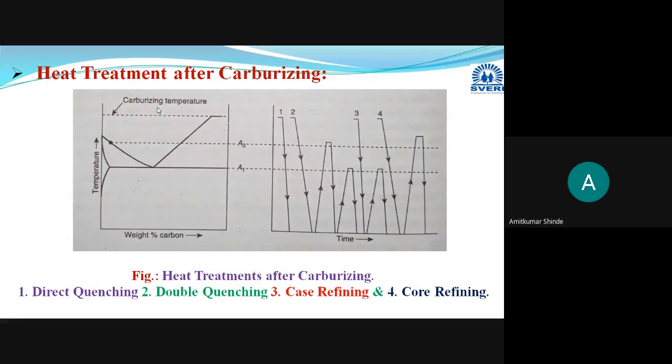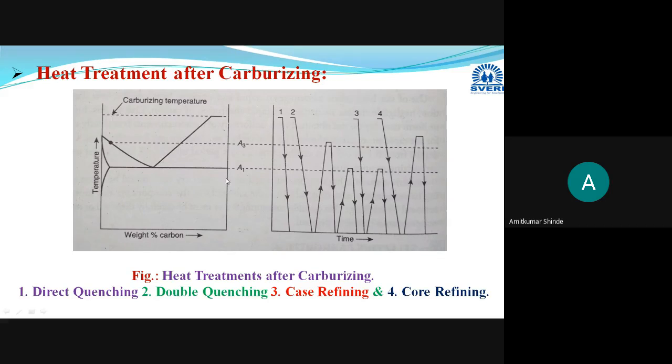Coarse martensite will increase the brittleness instead of providing better hardness, resulting in brittleness of the steel. And at the center it does not provide the required toughness, as coarse ferrite will be formed. So whenever you are performing direct quenching, you have to take proper care that fine and uniform austenite should be there.